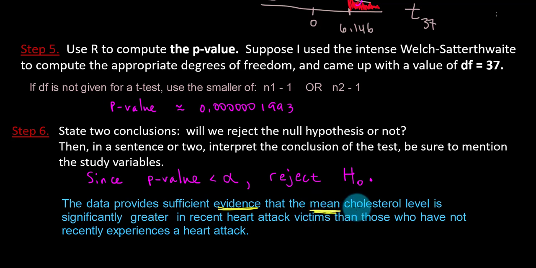The study variables we were looking at were cholesterol level, and we were comparing cholesterol level in individuals who recently experienced a heart attack and those who did not recently experience a heart attack. Lastly, in our alternative hypothesis, we had a directional alternative hypothesis. So we want to state that directionality in our conclusion here.